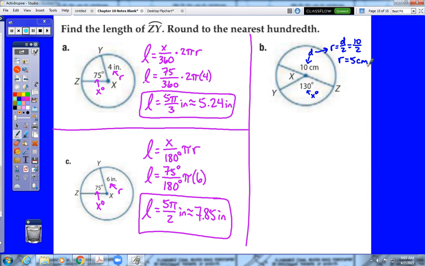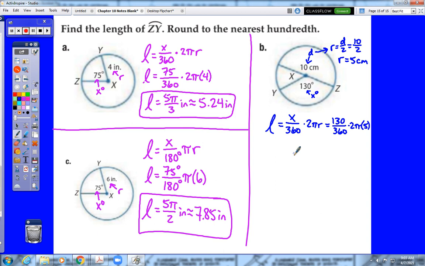So what we do here is we'll do it first with the one in your book. Arc length equals x over 360 times 2 pi r. That would be 130 over 360 times 2 times pi times 5.